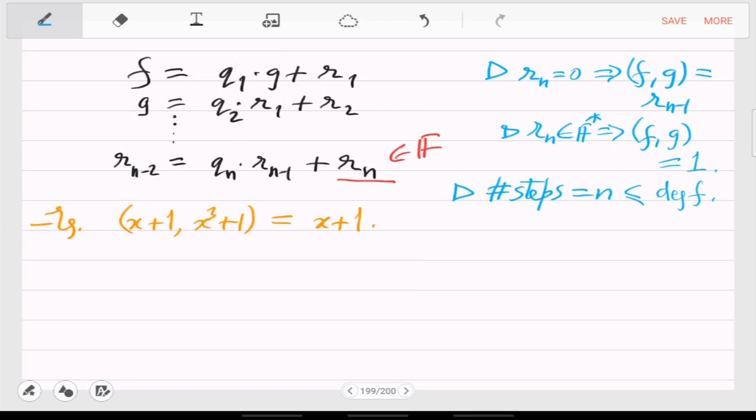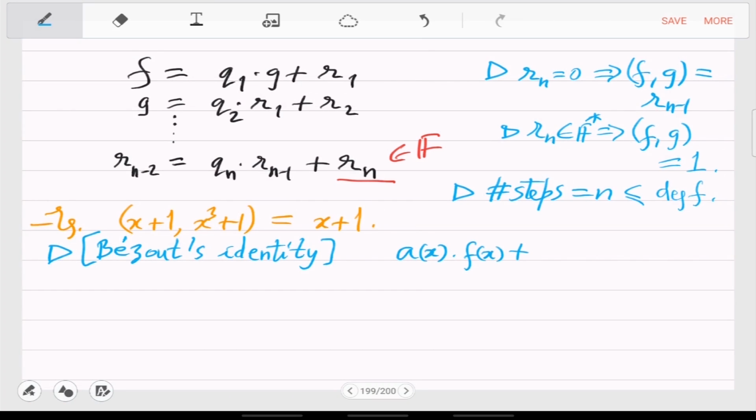That will give you the following identity, called the Bezout identity, which is that AF plus BG is equal to the GCD of F and G.